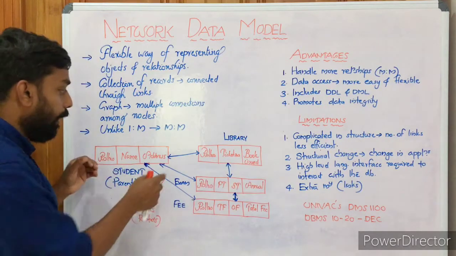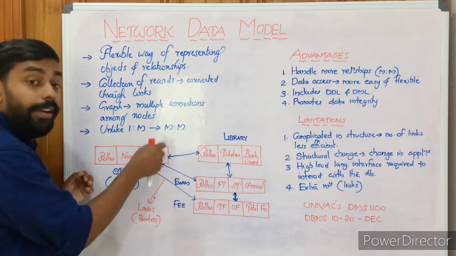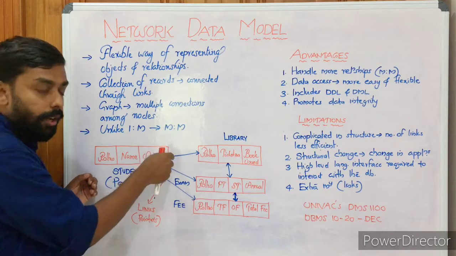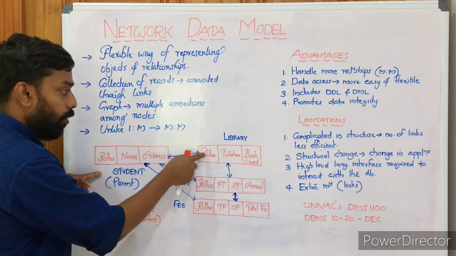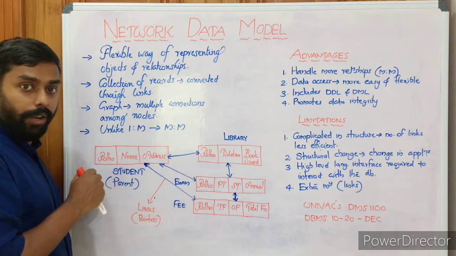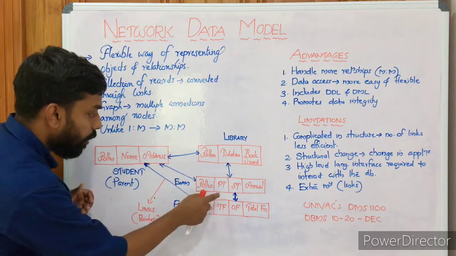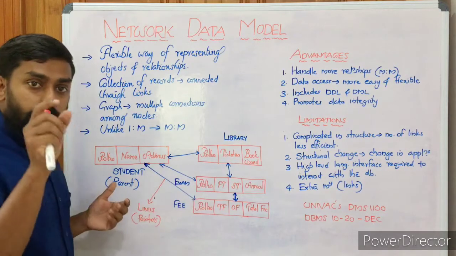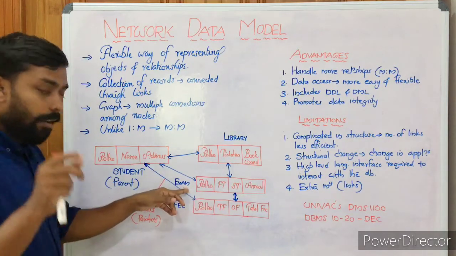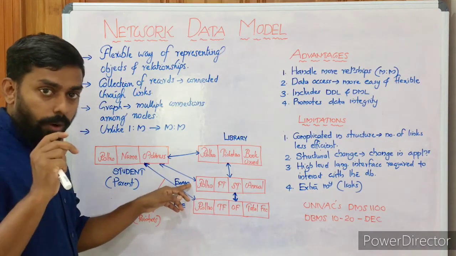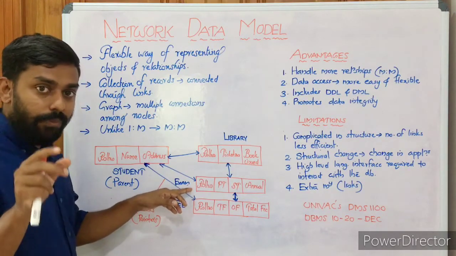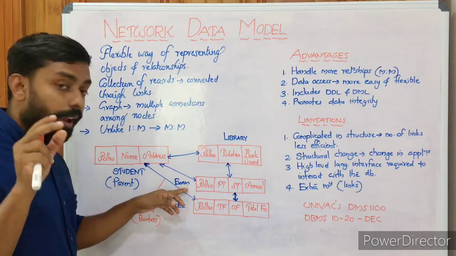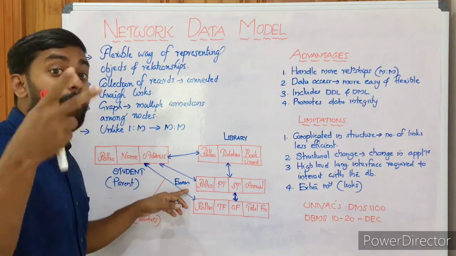Then you can see these arrows. These are bidirectional, right? And of course that means data flows from student to library, from library to student. When we consider exam, exam is a child record which has multiple parents.